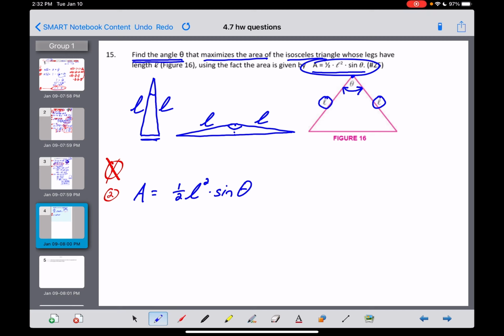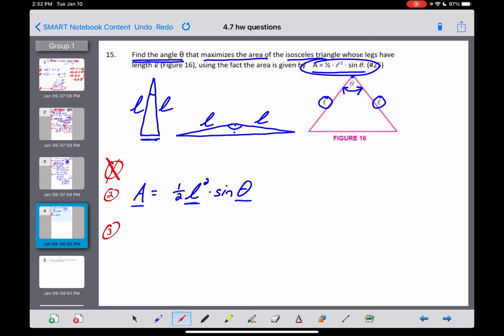They gave you the formula. We have an equation right here that tells you A as a function of theta, and L is not a variable. L is a random, arbitrary constant, but it's not going to change through the course of this problem. So that is everything you would have normally had to accomplish in step one and step two.